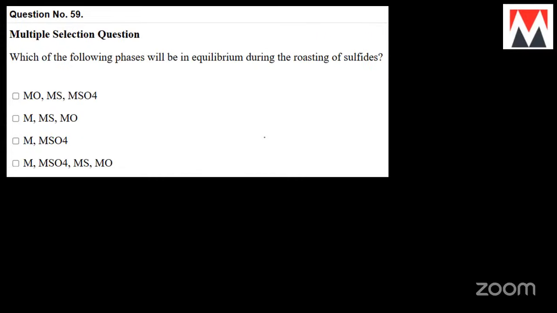Which of the following will be there? See, if you draw the roaster diagram of sulfur, if you have roasting of sulfides, you have this one.